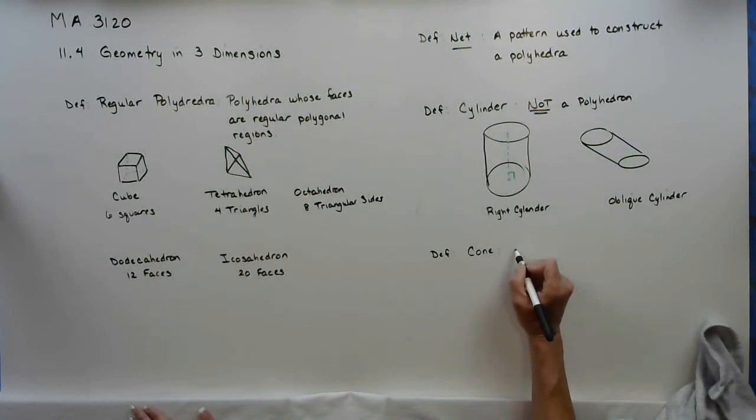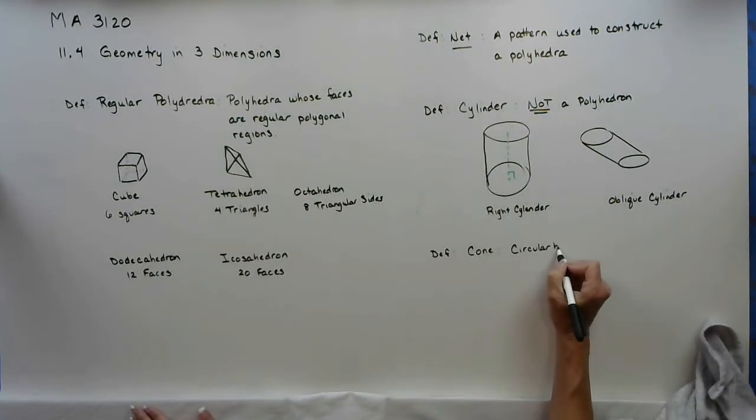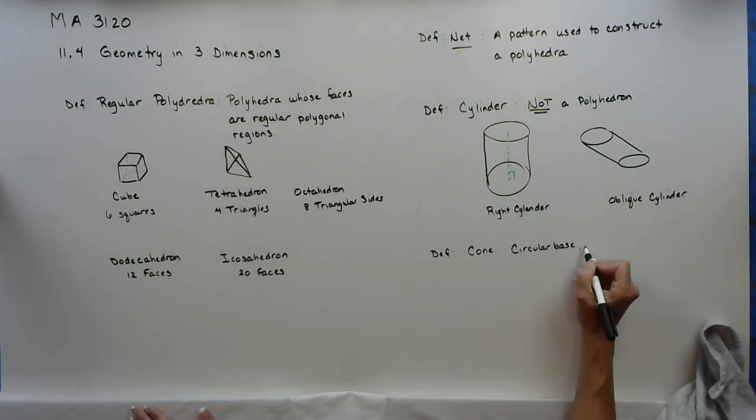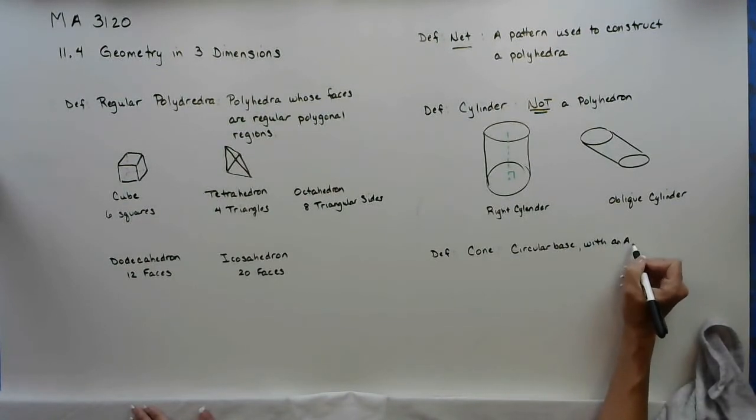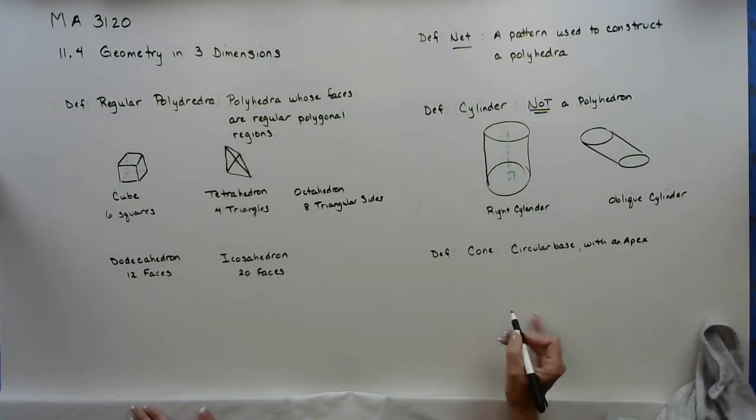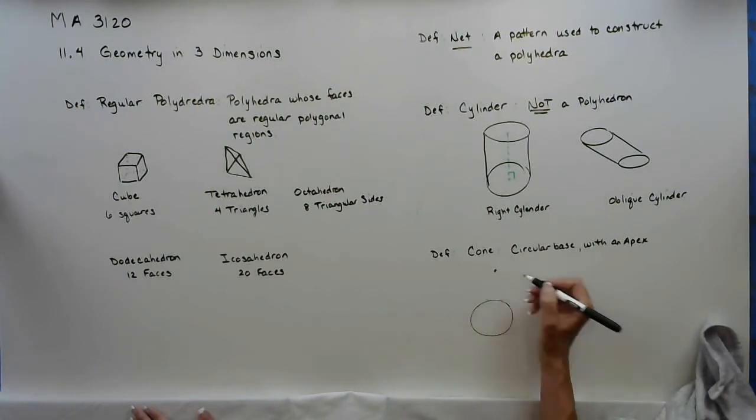So a cone has a circular base, and it also has an apex. If I start with a circular base, I start with an apex.